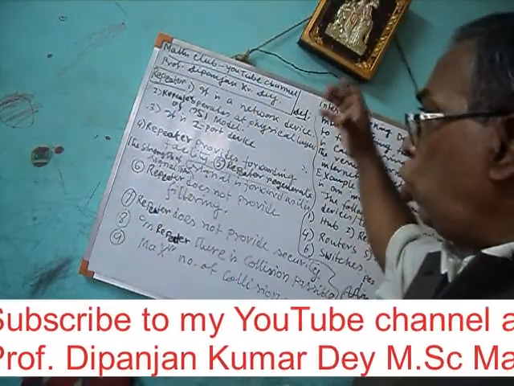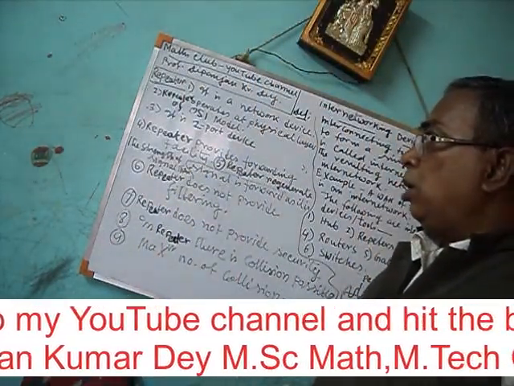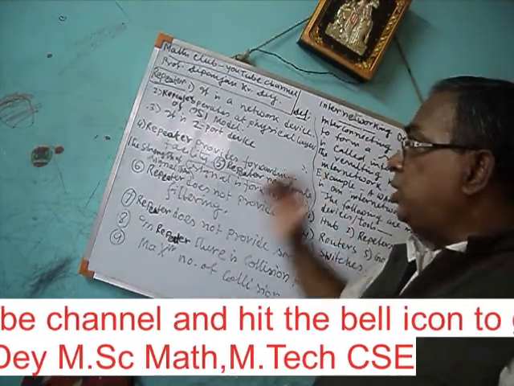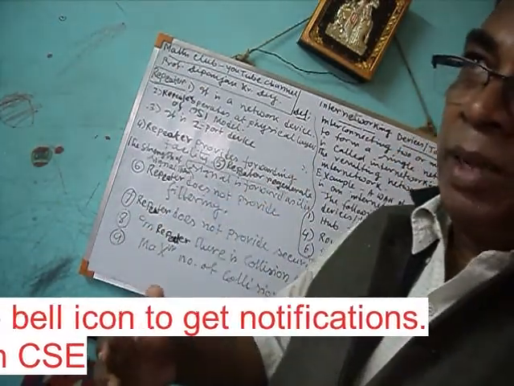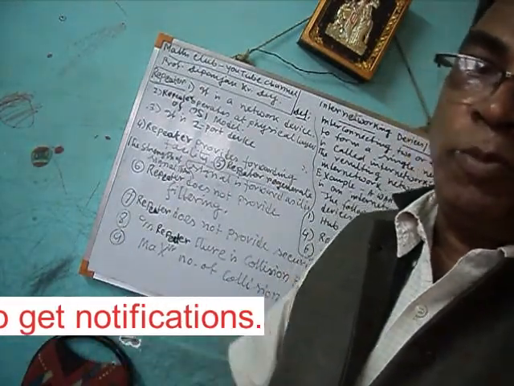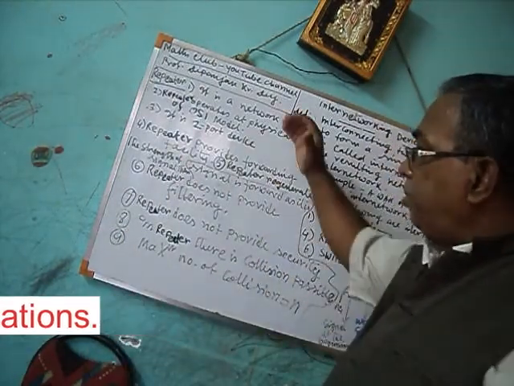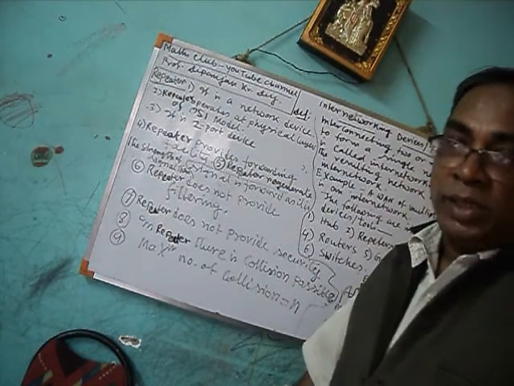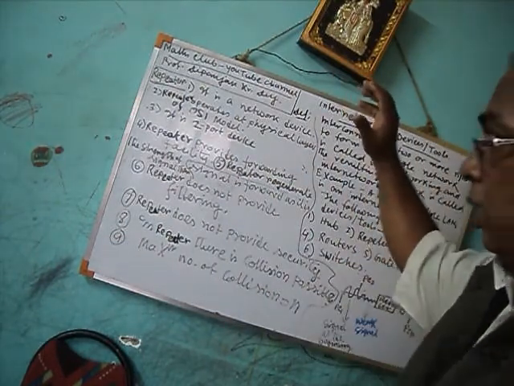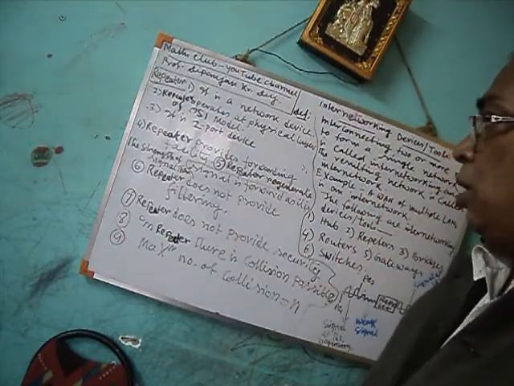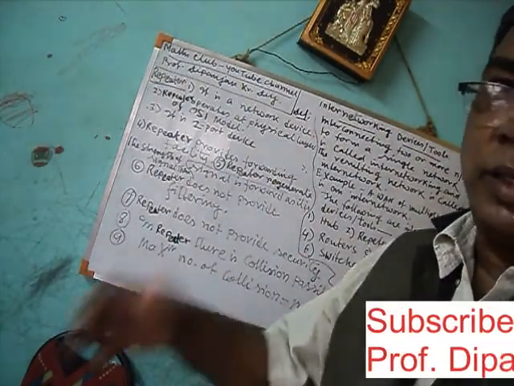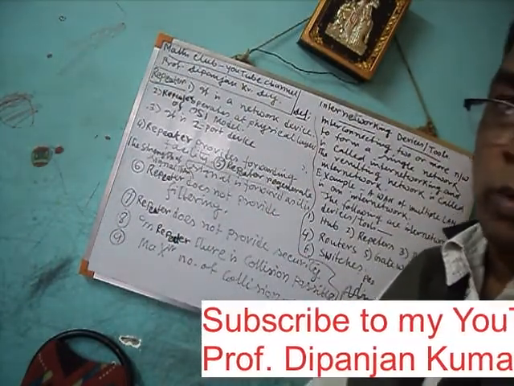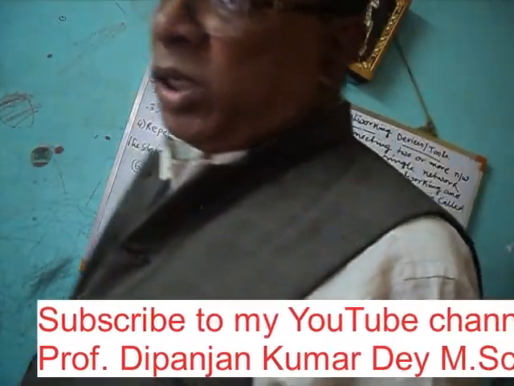I'll explain thoroughly what is repeater, and in the competitive exam there are many varieties of questions. I have given here 9 points of repeaters. If you know these points, then you will understand very nicely. Then you can answer any type of question, short question as well as long question.